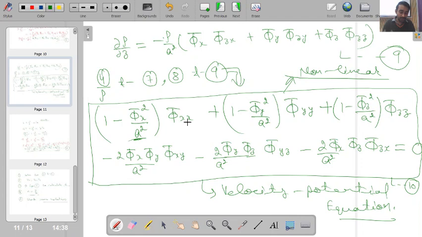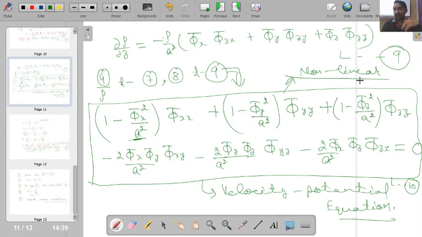Okay, so over here, whatever equation number 10 I have derived, this is a very generic equation and it is of non-linear nature, so it is applicable for any type of flow situation. For example, in case of compressible flow, subsonic flow, supersonic flow, transonic flow and hypersonic flow. For all the four types of flows it is applicable. But the only difficulty is with the solution of this equation, because it's non-linear, so we will not be able to find the analytically closed form solution.